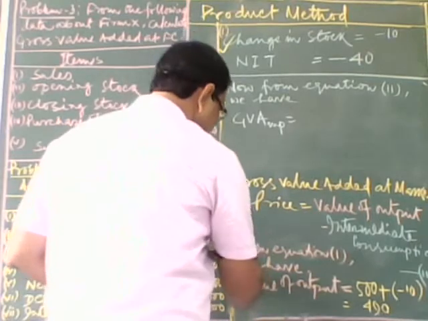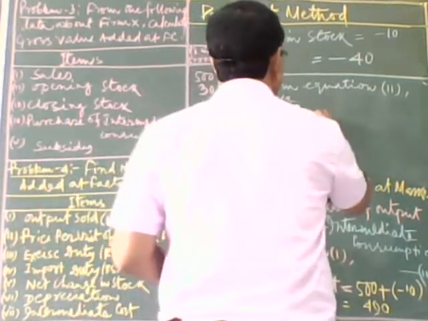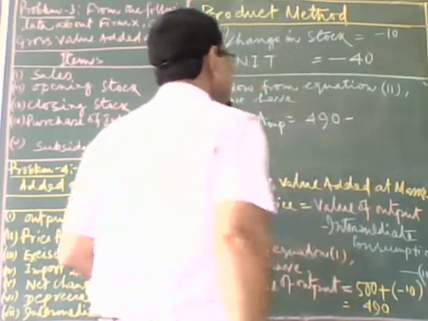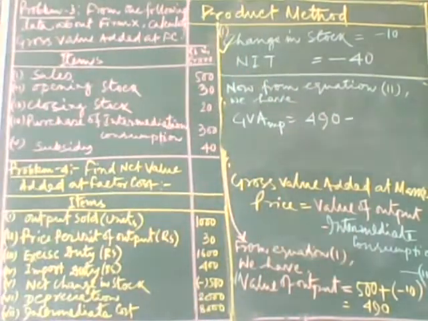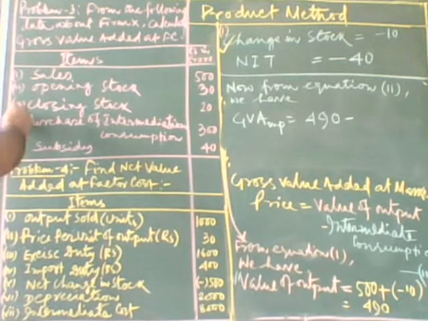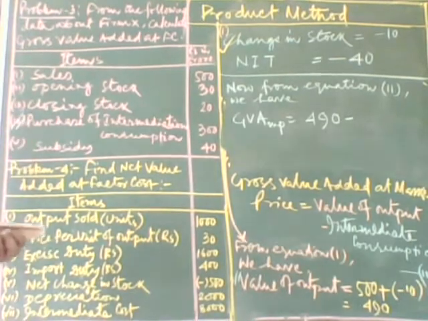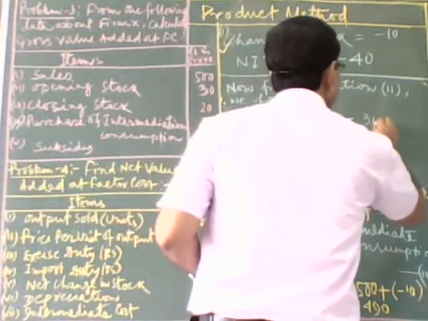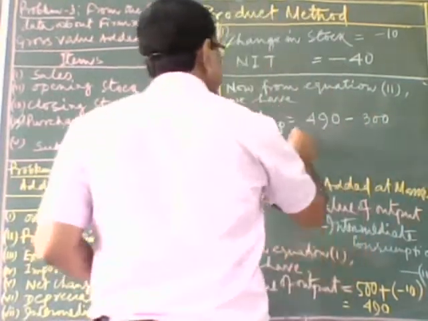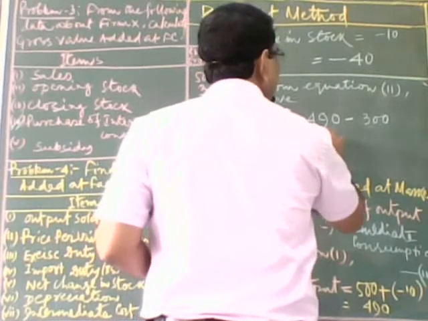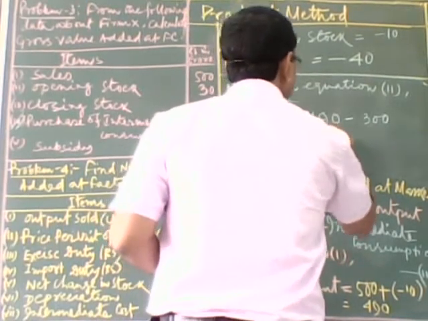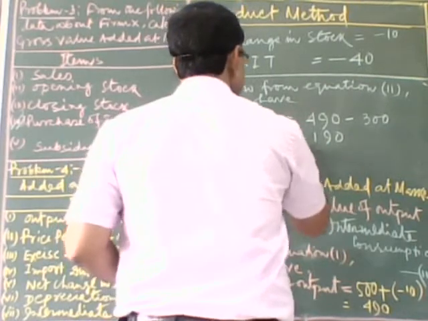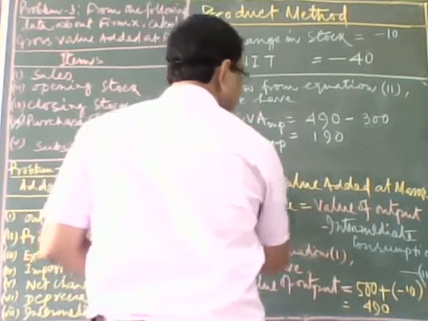Already you have calculated value of output is 490. You have to put the value 490 minus intermediate consumption. That value already given in the question paper, that value is 300. Is equal to 190. Therefore, GVA at market price is equal to 190.